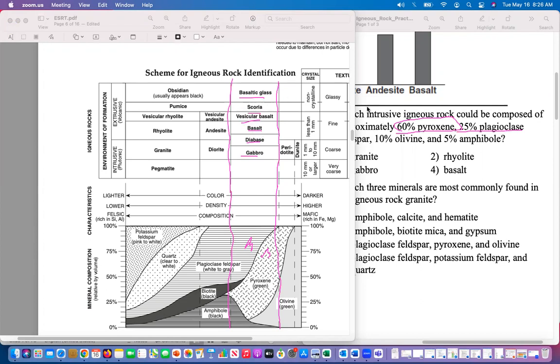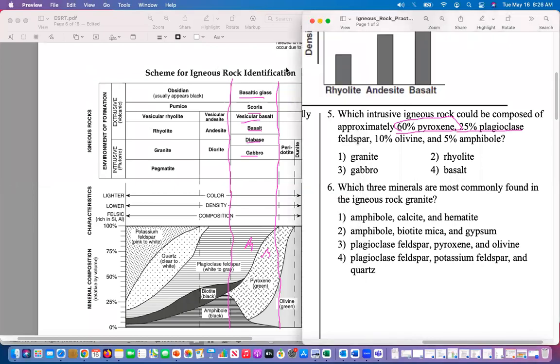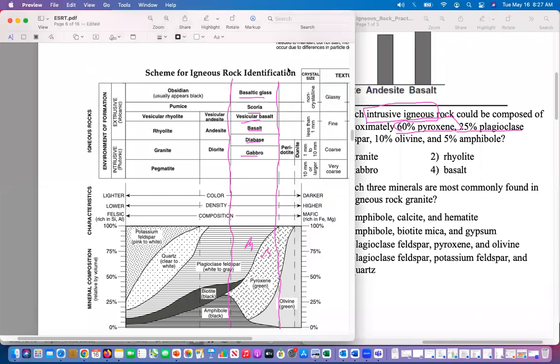Now the key thing to remember in this problem is that it also says which intrusive igneous rock. So out of the ones that I picked out, the intrusive rock, right? The intrusive rock that I see, it could be gabbro, and sometimes it could be diabase, or diabase could be extrusive or intrusive.